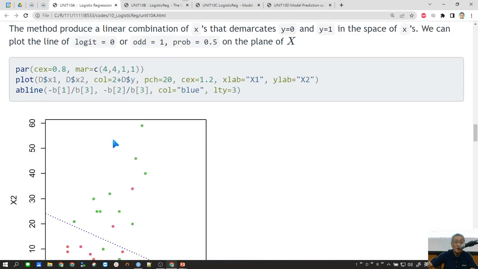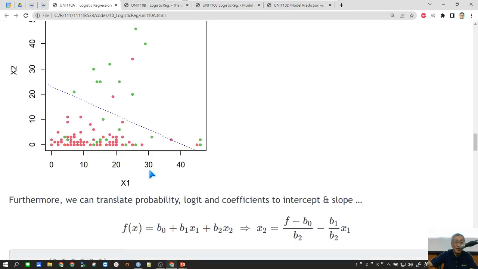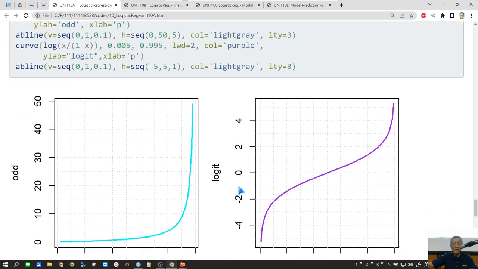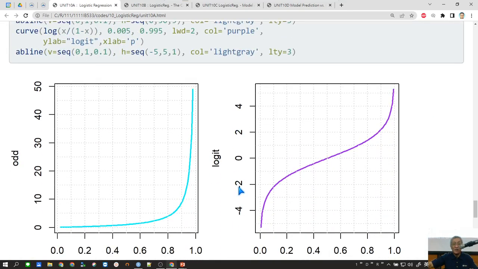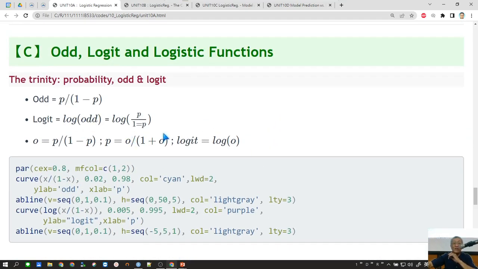So I don't really want you to learn how to make this plot, but this plot will help you understand how the linear model works, okay? And the rest of the code is just to plot these functions.